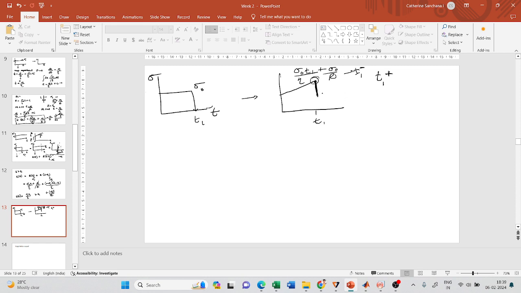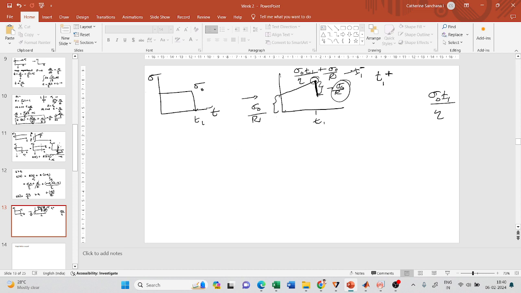And for a small value just greater than t1, the value is going to be sigma naught t1 by eta, which means it is lesser than this value, right? If you subtract these two, the difference will be sigma naught by r. This is nothing but the same value which we saw here, because it is the contribution of the spring.